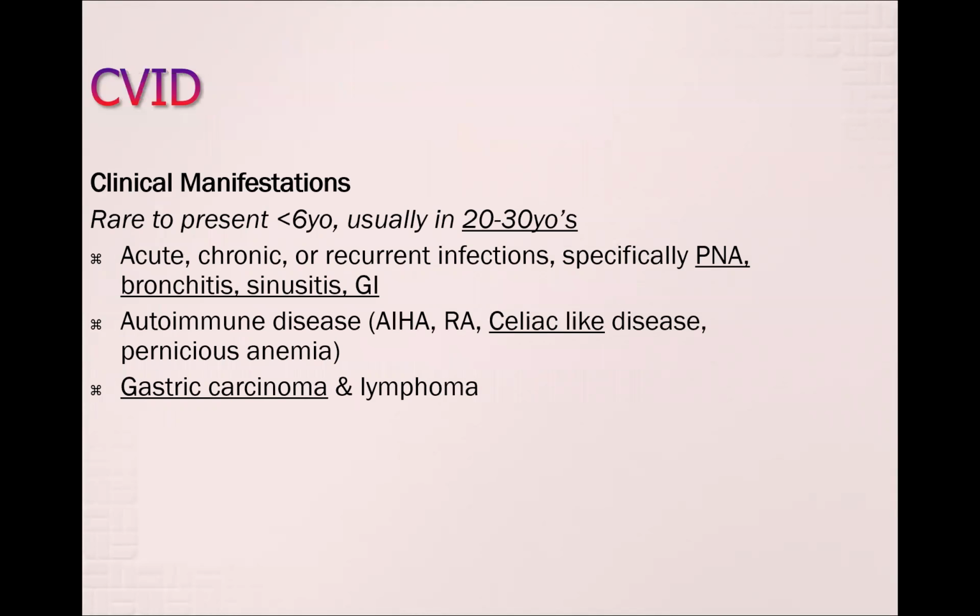It's typically fairly rare in young children. It can present in the school age child and into adolescence, but we really think about CVID more in somebody who's presenting with recurring infections in their 20s and 30s. As you guys can see, there are a wide variety of different manifestations, increased risk of gastric carcinoma and lymphoma, as well as association with other autoimmune diseases.